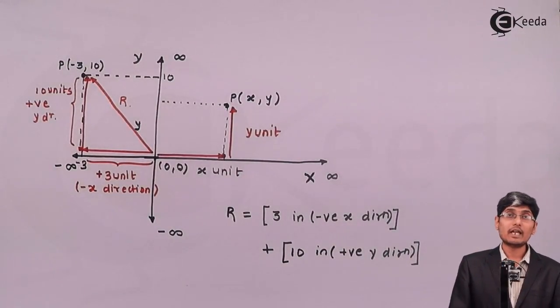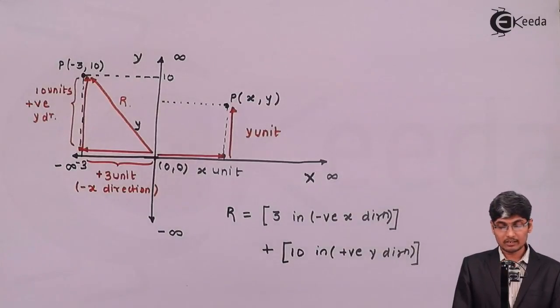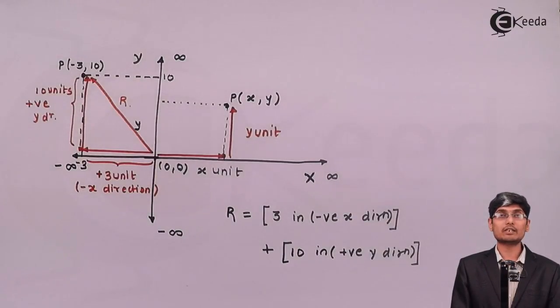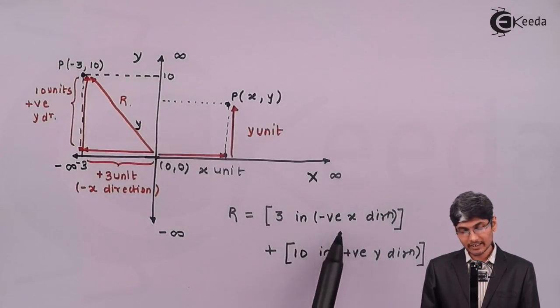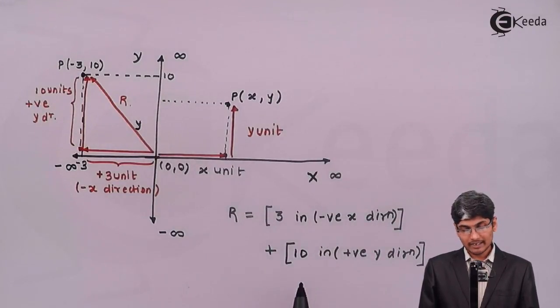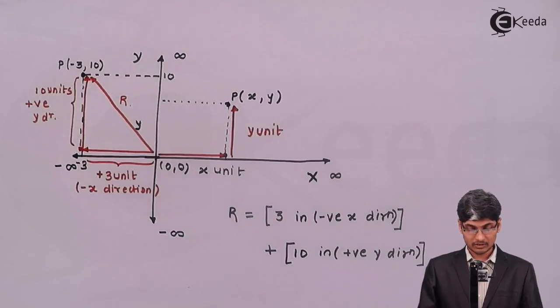And we know that every vector can be represented using magnitude and direction. So here we can see that I have 3 in the negative x direction and 10 in the positive y direction.